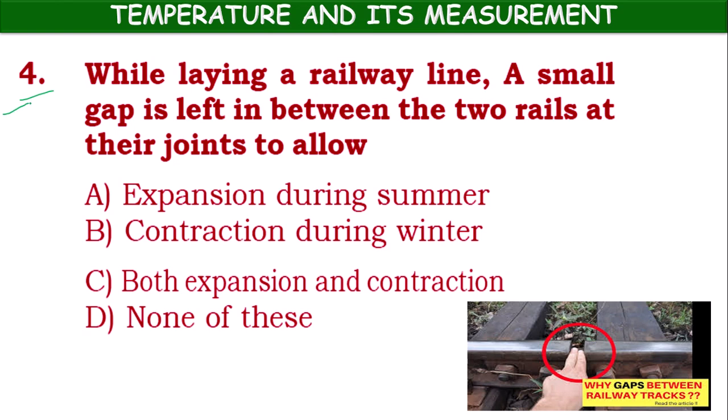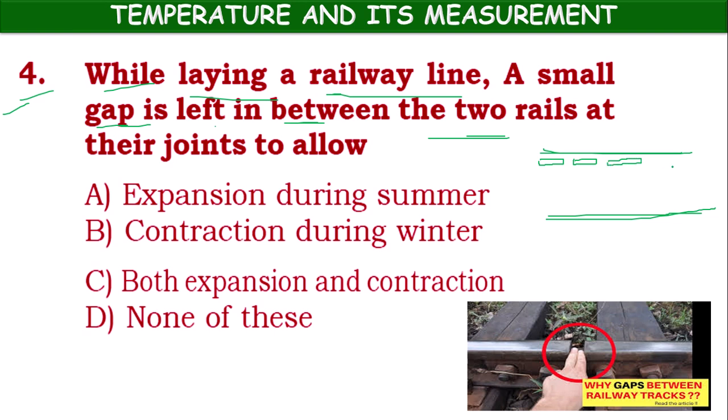Next, question number 4. While laying a railway line, a small gap is left in between the two rails. Here, these two are called rails, or in another way, we will have iron blocks like this.